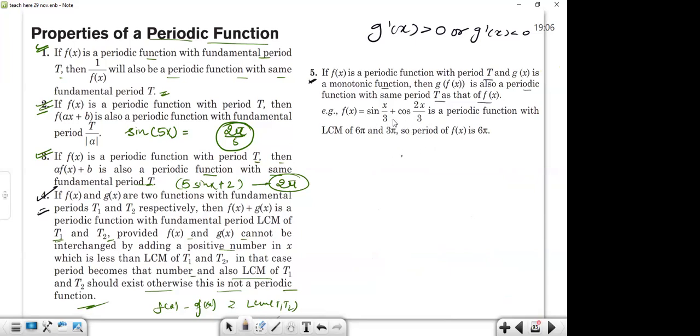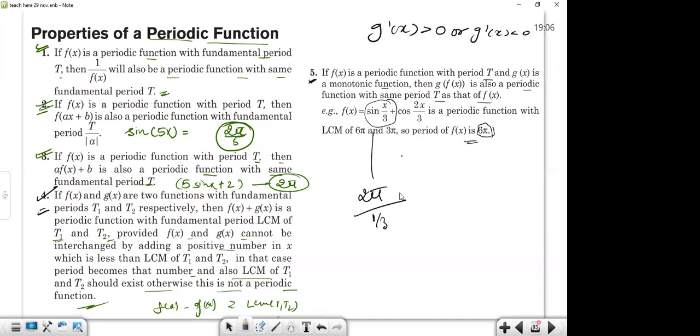f of x is sine of x by 3 plus cos 2x by 3, a periodic function with the LCM of 6 pi and 3 pi. So the period of f of x is 6 pi. When they are added, the fundamental period of each is 2 pi divided by the constant x is multiplied by.